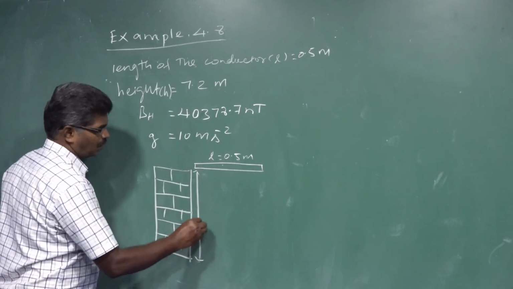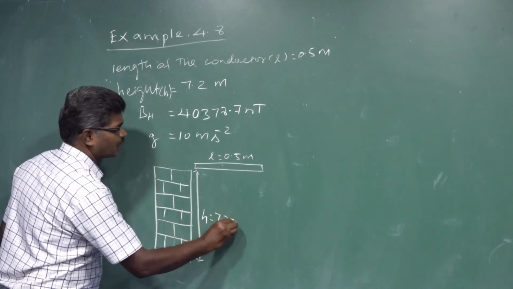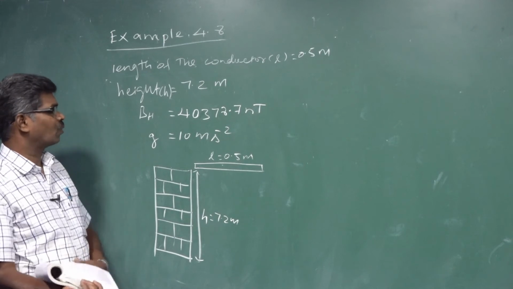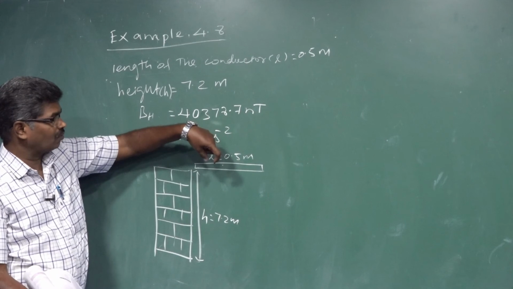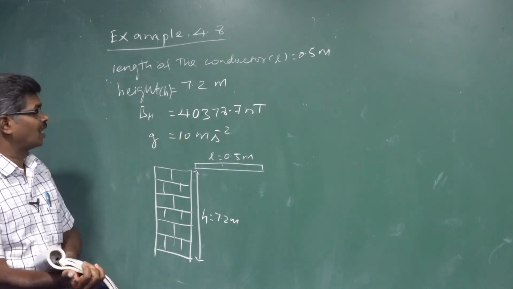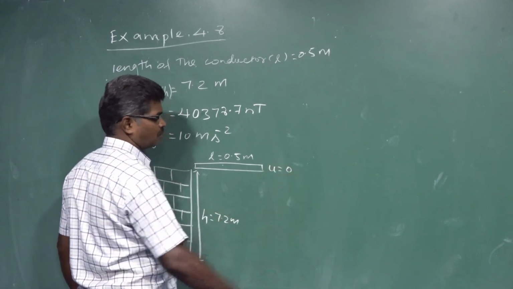That building has a certain height. That height value is 7.2 meter. From the 7.2 meter height building, we are going to leave the rod. That rod is now called a free falling object. What happens is the initial velocity of the free falling object, u, is equal to 0.